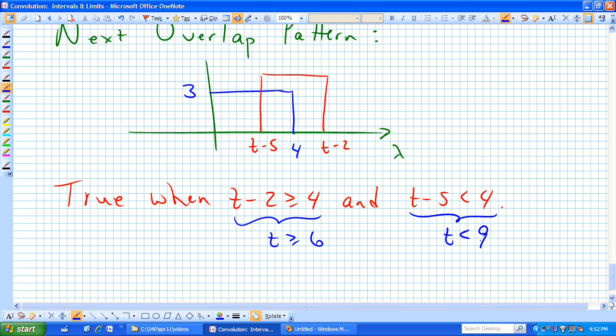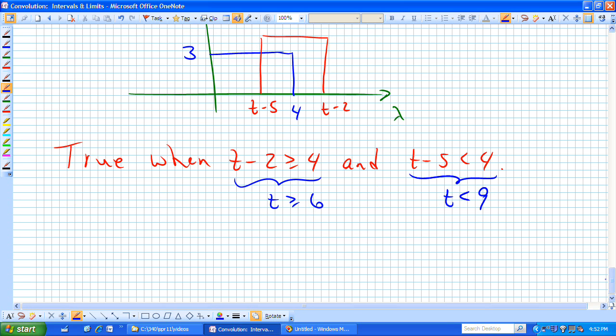When that's true, we have the following integral relationship. We have that pattern for x of t minus lambda and this pattern for h of lambda. Y of t is now, h functionally is 3, x of t minus lambda is still 4.